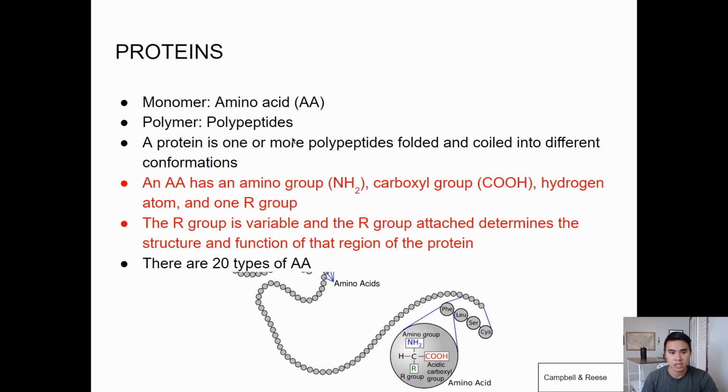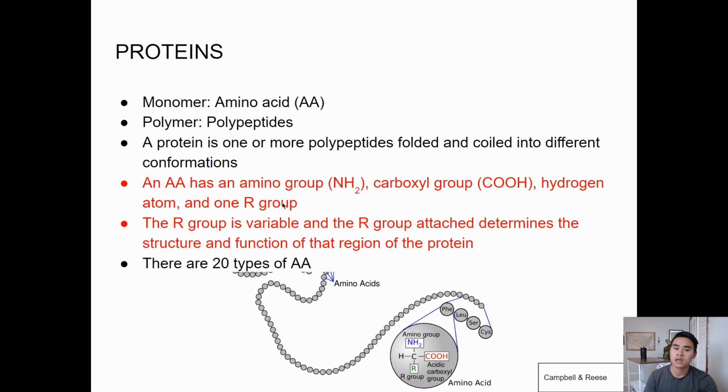And we'll be talking about amino acids later, but they're influenced by nucleic acids, DNA to RNA to protein. So a protein is one or more polypeptides folded and coiled into different conformations. So a protein is when you have a polymer formed from a bunch of amino acids and you start folding and coiling it into different things.